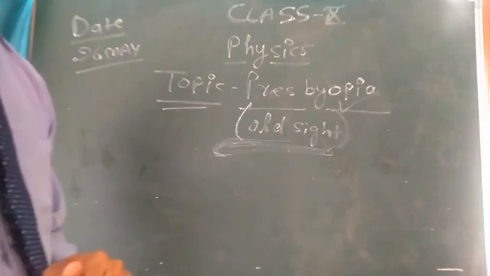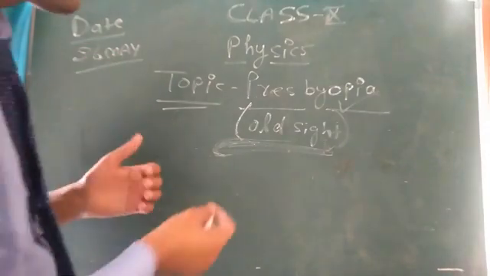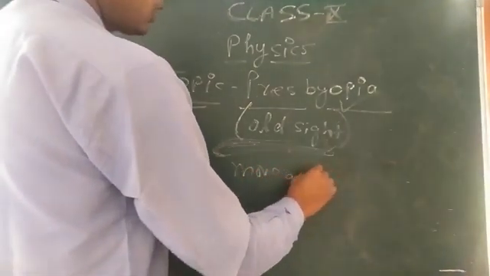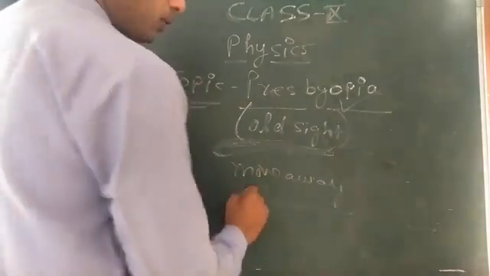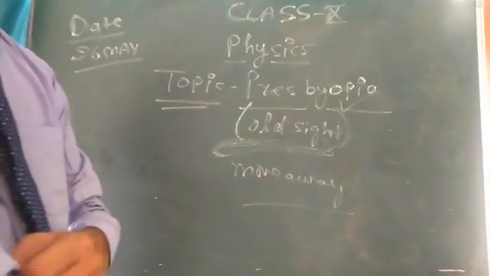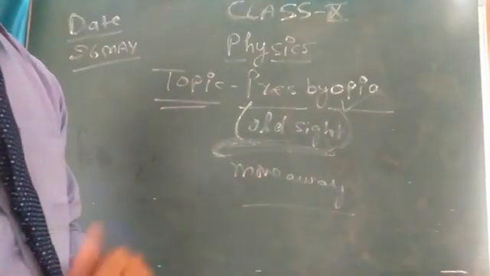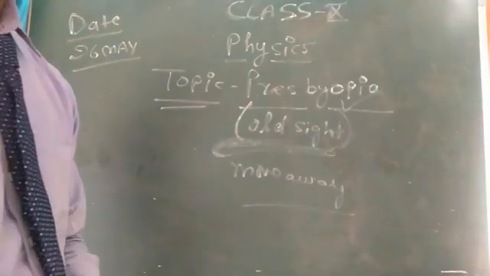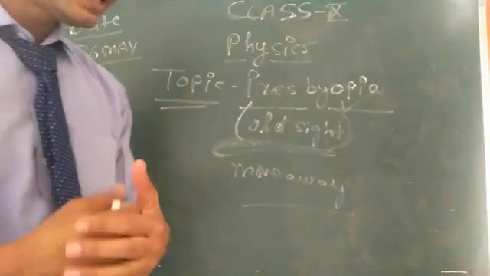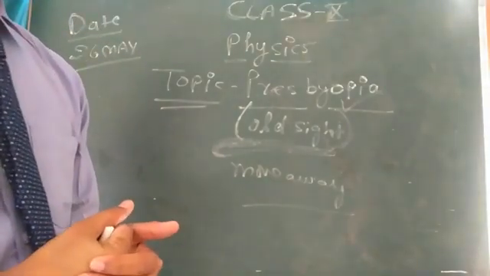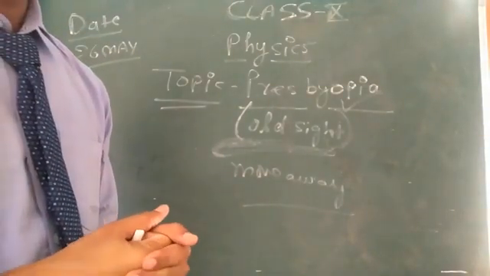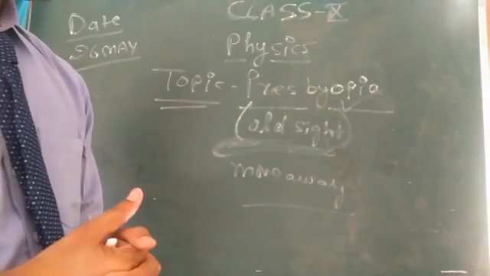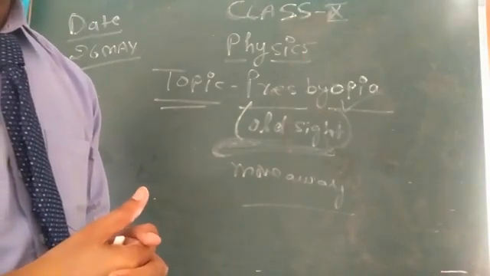It means the near point moves away from the eye. Thus, the person cannot see nearby objects comfortably or clearly and distinctly without corrective eyeglasses. This defect is called presbyopia.